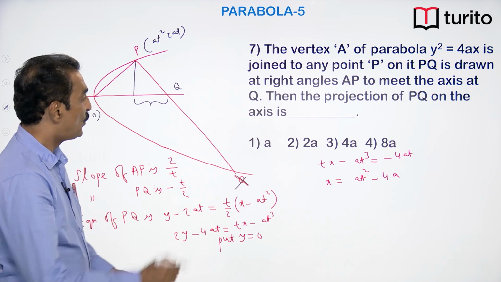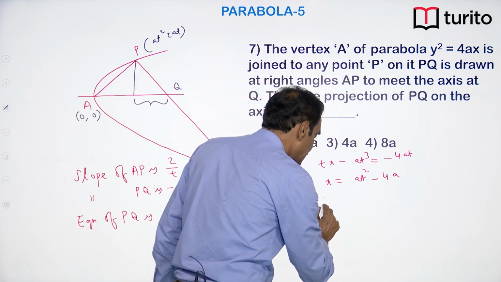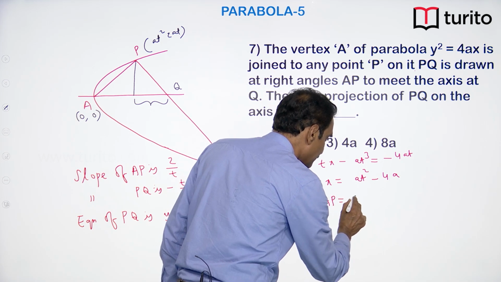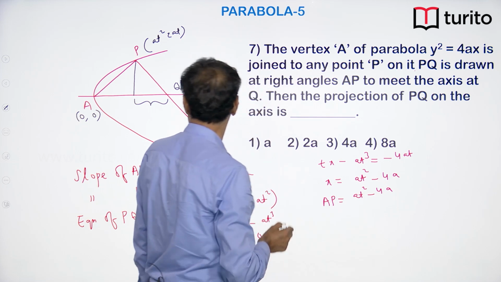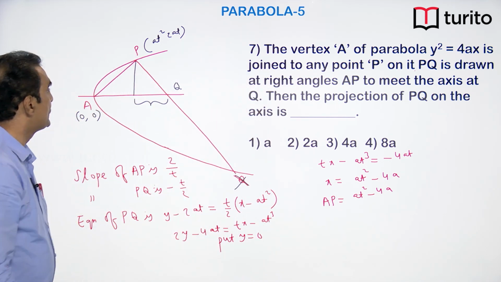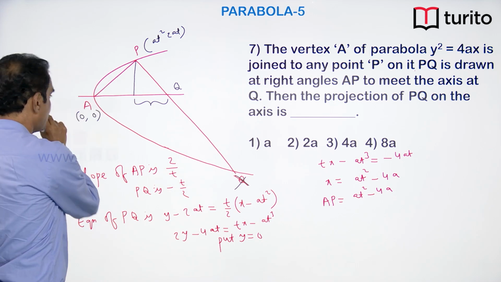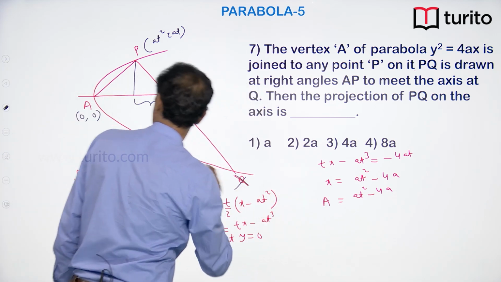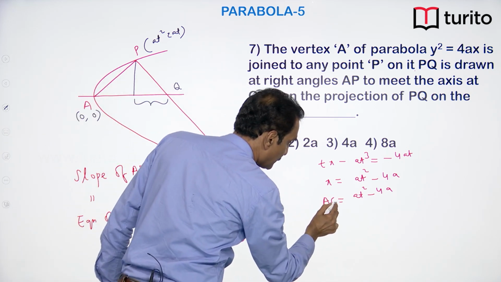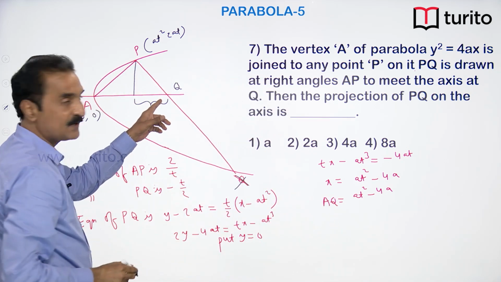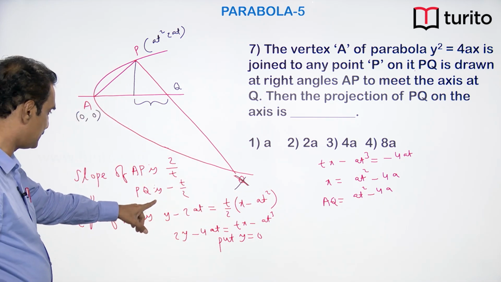Okay. What is this x? It is AQ, sorry. The x coordinate of Q is nothing but AQ, just some sign problem is there.